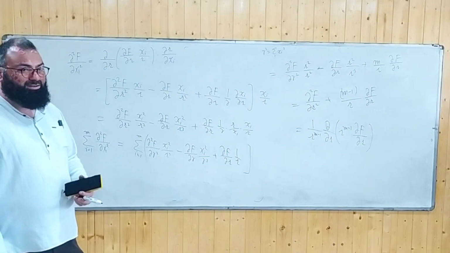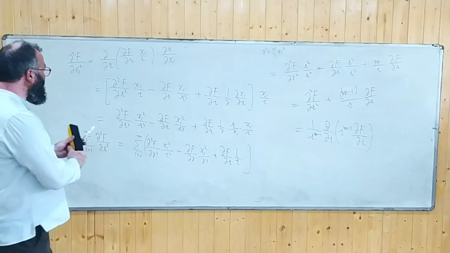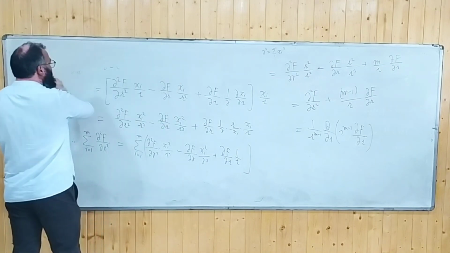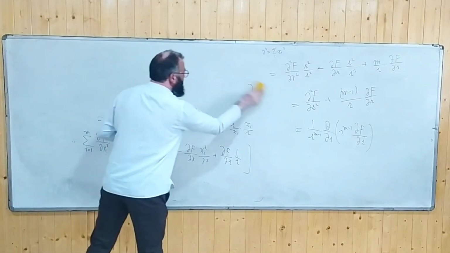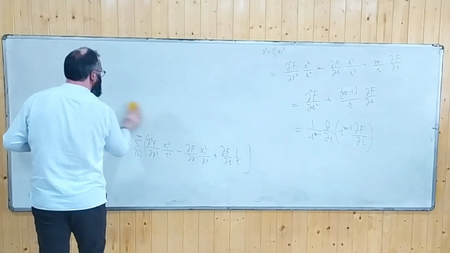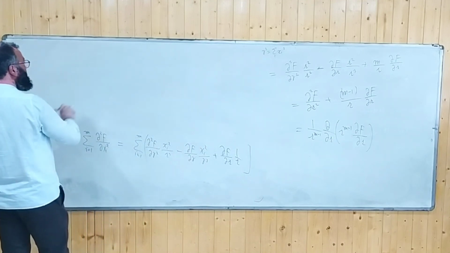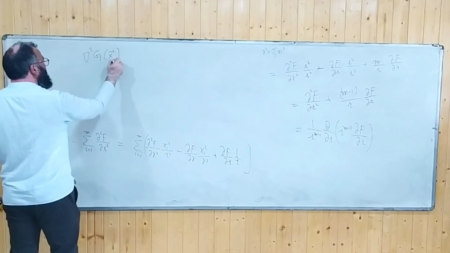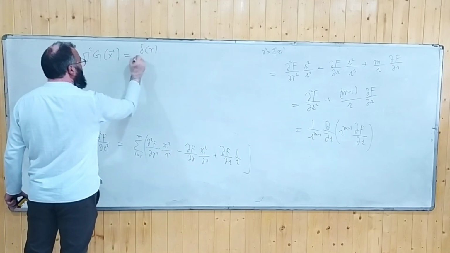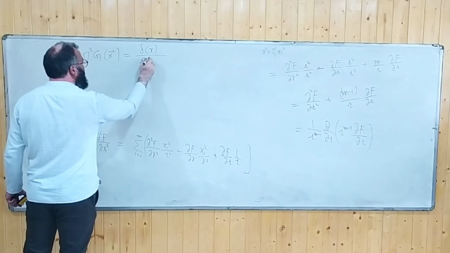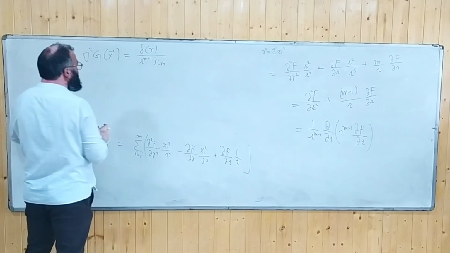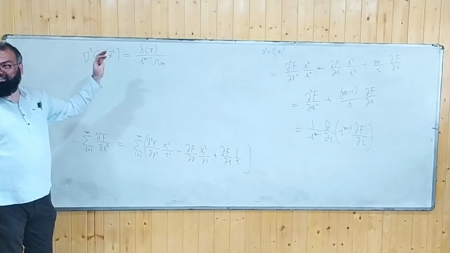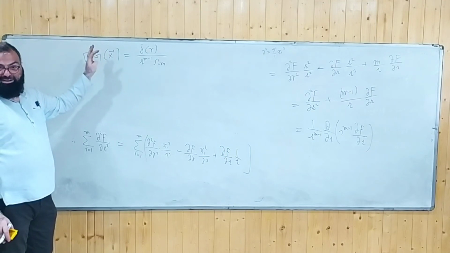Clear? So now I can write, since you started with g, this nabla square g of x equal to delta of r divided by r raised to m minus 1 omega m. So this is a spherically symmetric object, so it depends only on r. We have argued for that.